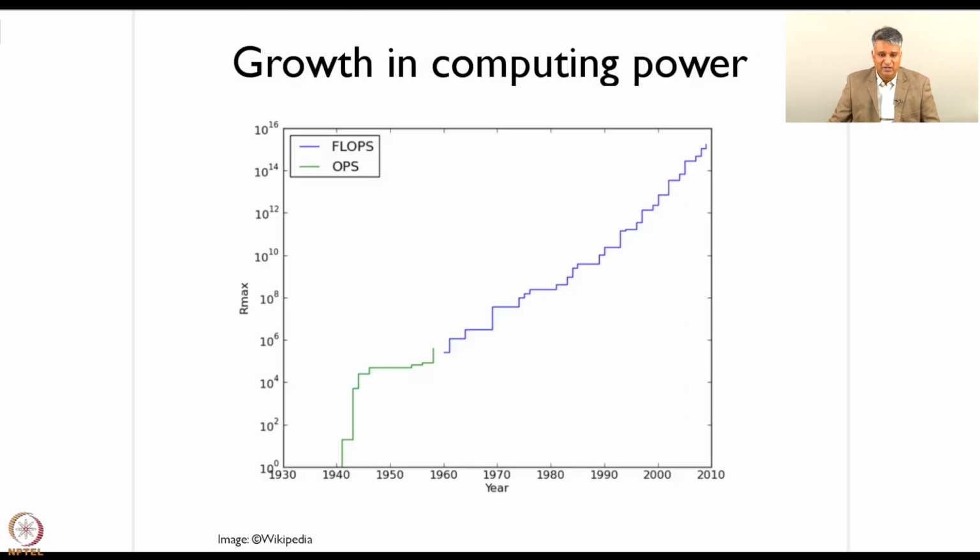Now, there has been a tremendous growth of computing power over the last few decades. As I said, this machine, which was built around the Second World War, was able to do about 300 floating point operations. In this plot, you can see that there is an exponential growth in the floating point operation capability of machines through the decades.